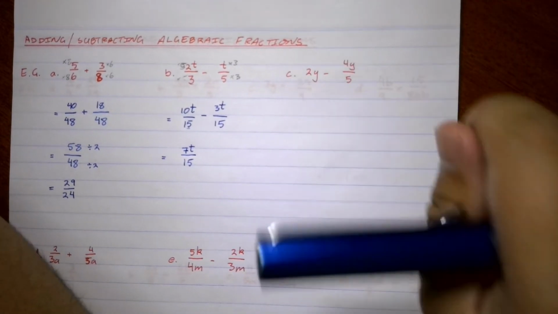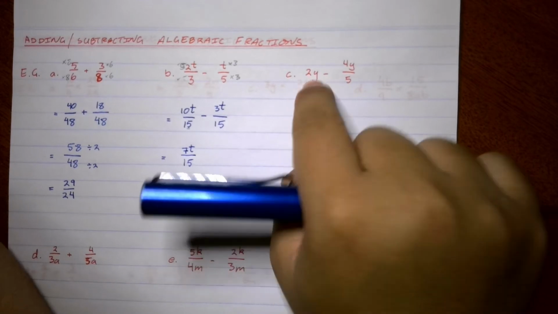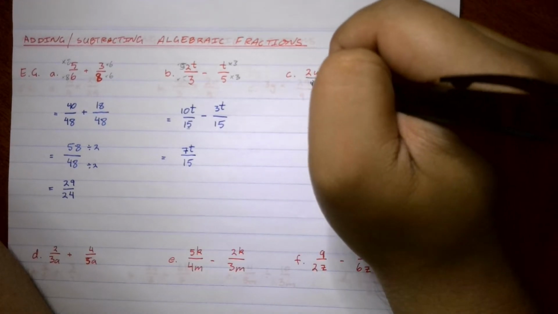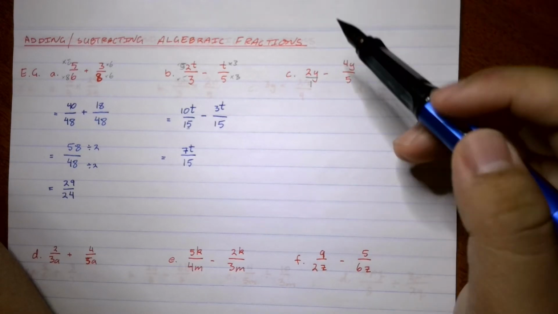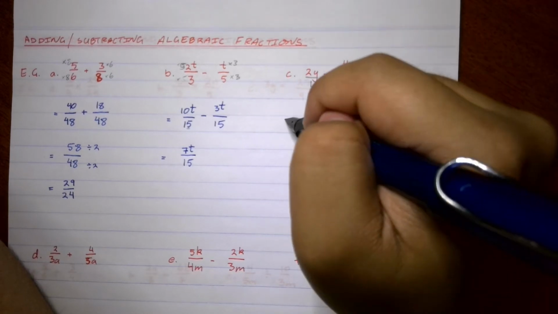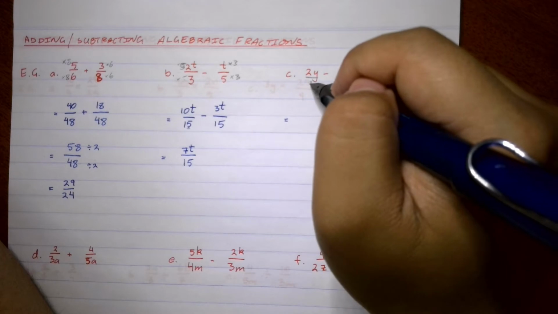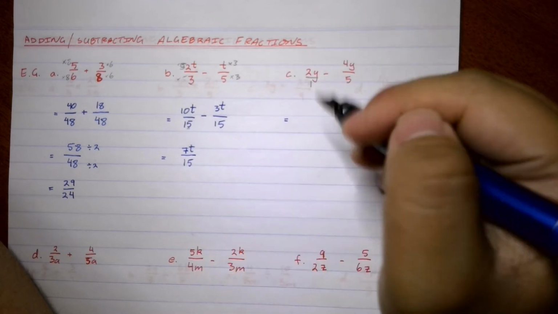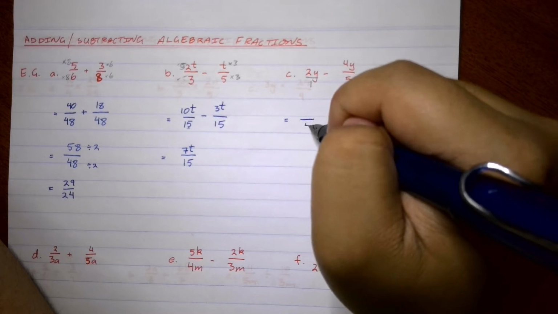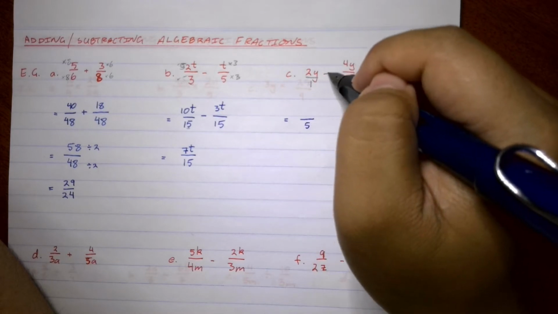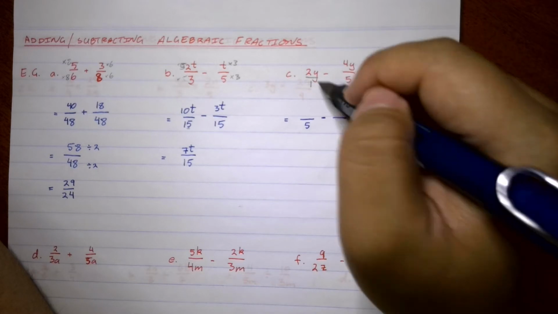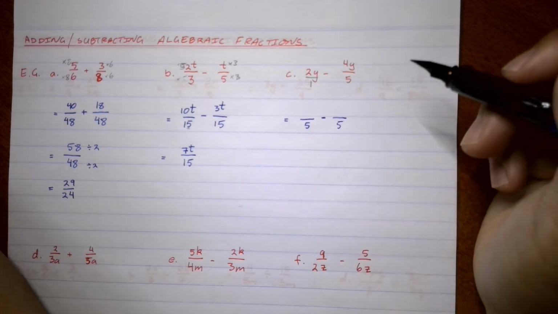Moving right along. Whenever you have a whole number, think of it as a fraction over 1. Okay? And now we can use this property the same way we did before. We're going to do 1 times 5 is 5. The minus sign stays in the middle. 5 times 1 is 5.